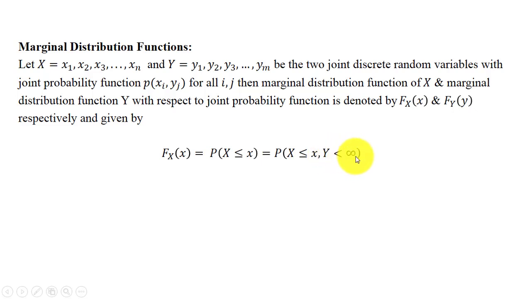See in the table, it's nothing but your first row. Consider the joint distribution table in the previous slide. If you take x equal to x1 here, then it's a summation of all the entries of the first row in the table. So you have to consider all y values, y equal to y1, y2, y3 and so on up to ym, and the summation of all these is nothing but Fx of x1.